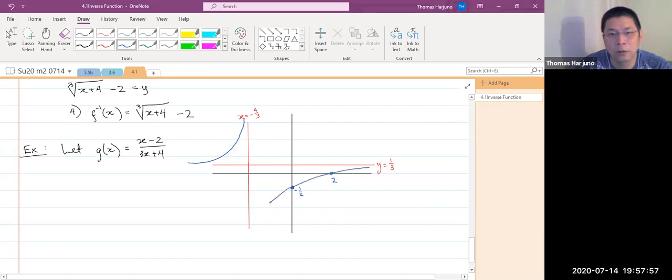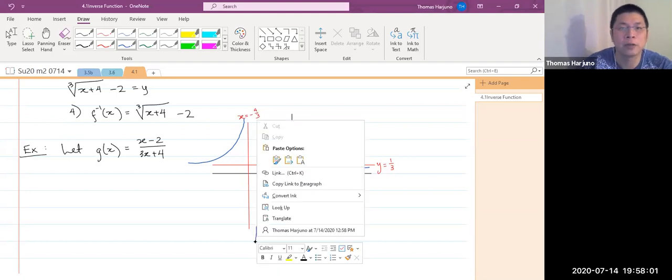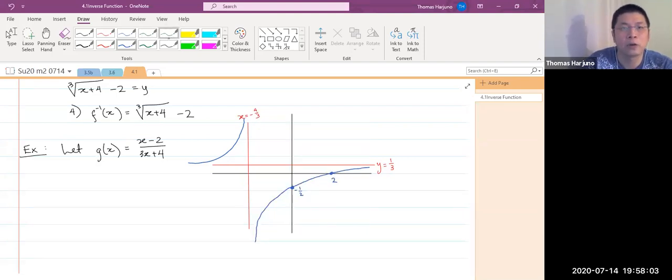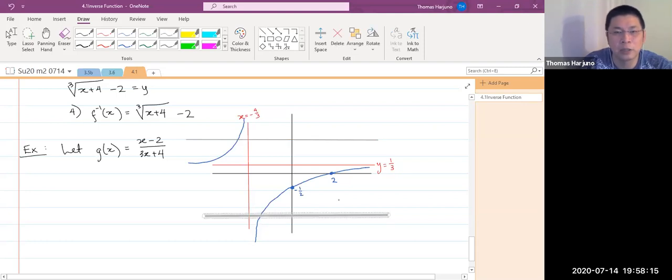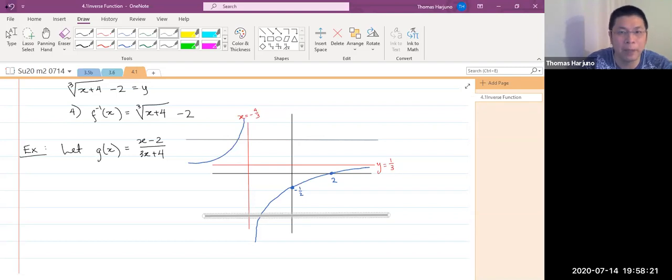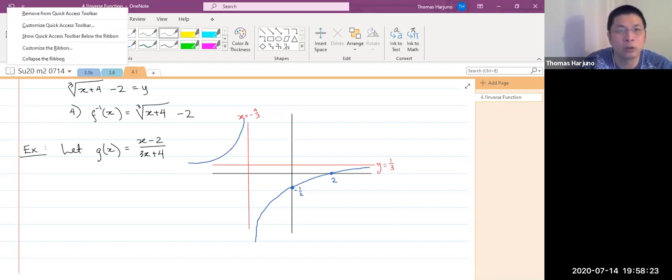And you can tell from this graph that it satisfies the horizontal line test. Every horizontal line will hit the graph of g(x) at most at one point. So yes, we have learned from the past that this is a one-to-one function.